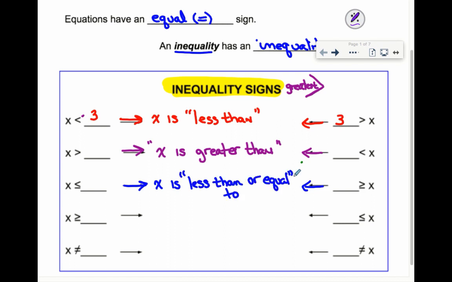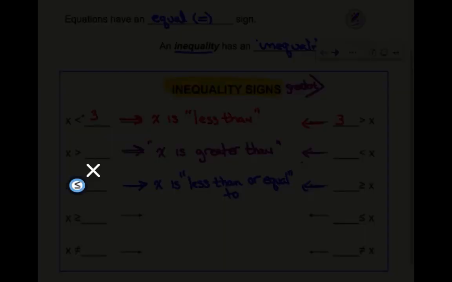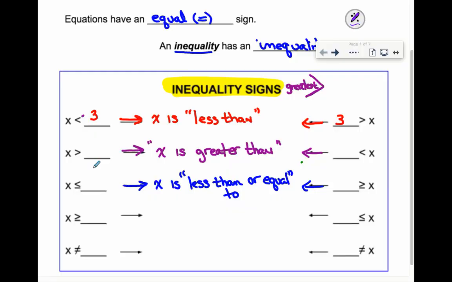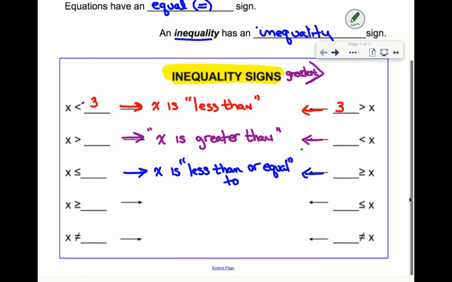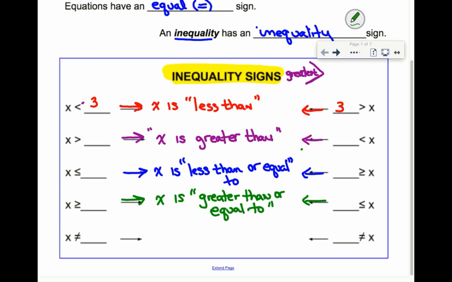When you have that extra line underneath it, that means or equal to. So a number could be less than 3, but it also could be equal to 3. It cannot be greater than, though. If we look at the next sign, it's the same type of thing. We have the line underneath it, but the mouth is going in the different direction. So it stands for X is greater than or equal to. We're going to look at what these mean on the graph as well shortly.